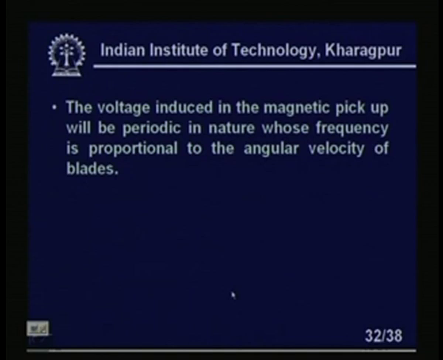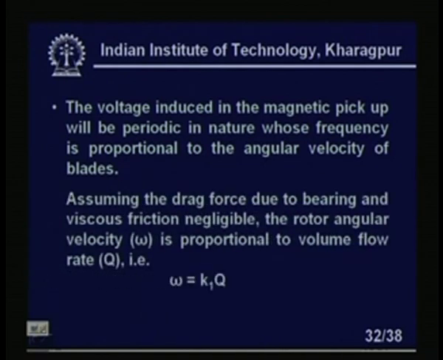The voltage induced in the magnetic pickup will be periodic in nature, whose frequency is proportional to the angular velocity of the blades, right. Assuming the drag force due to bearing and viscous friction is negligible, the rotor angular velocity omega is proportional to the volume flow rate. As the volume flow rate increases, the velocity increases, and obviously omega also will increase.